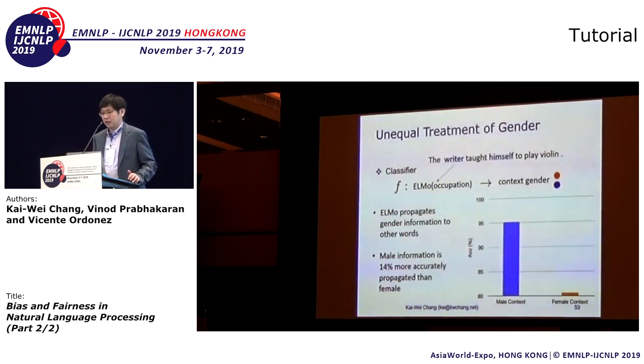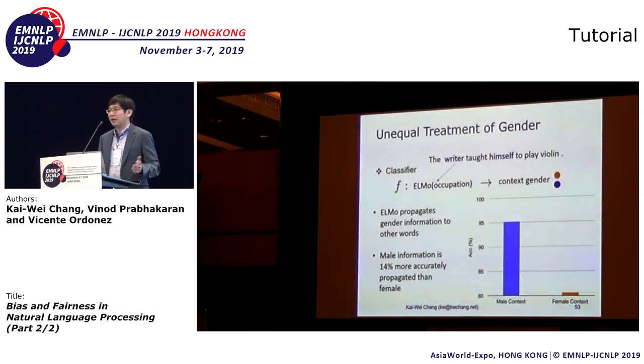But the result is not like that. If the occupation word is stereotypical to the gender pronoun in the same sentence, then the model can predict this much better than the other way around. Also, you can see that the model more easily predicts a male in the same sentence than a female. That basically captures certain bias in the data.